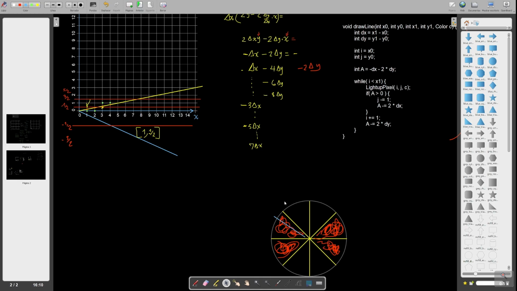But if you notice, this is the same as drawing it here. So what I can do is just swap my x values, because we have a line in this part of the Cartesian plane when the x value of my second point is less.